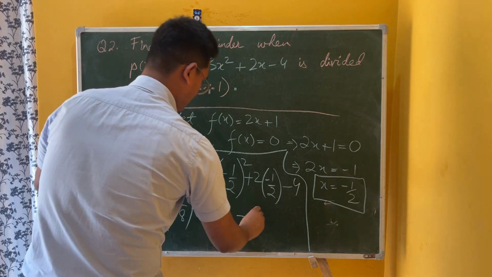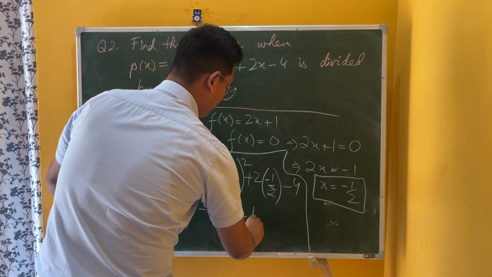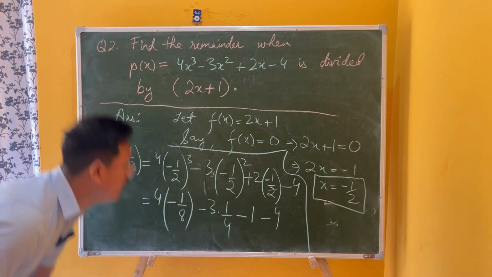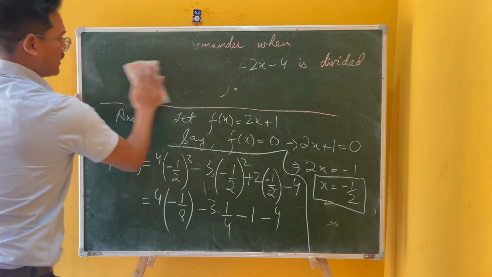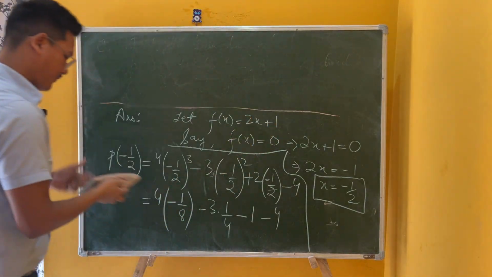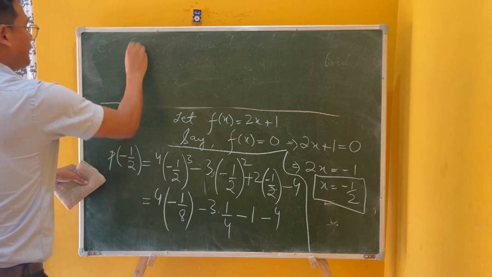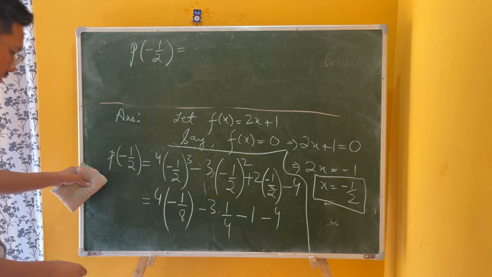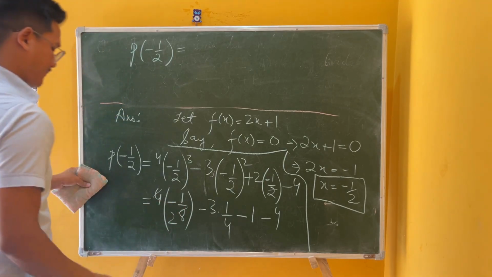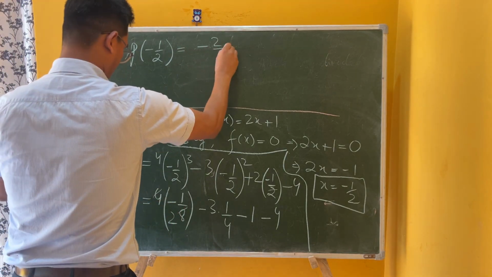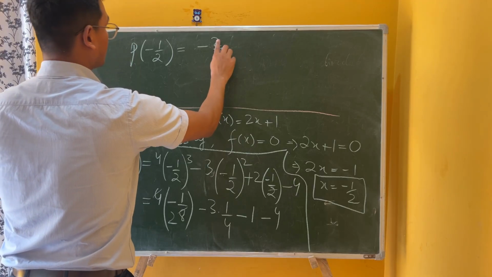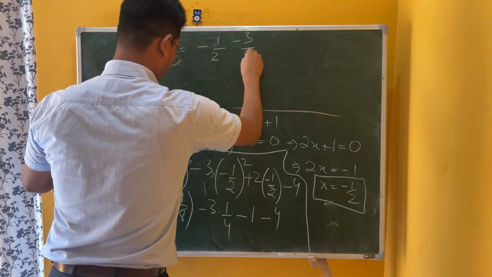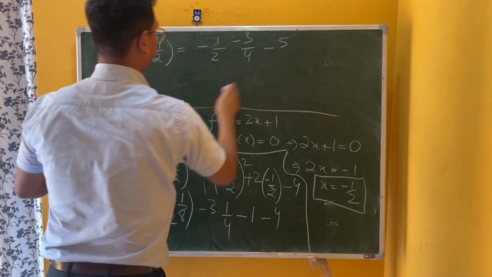This minus 2 gets cancelled, so minus 1, minus 4. So I'm erasing the question. So we have p of minus 1 by 2 is 4 times minus 1 upon 8, minus 3 by 4, minus 1, minus 4.